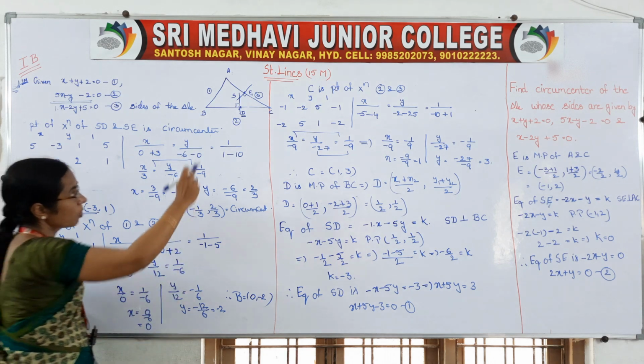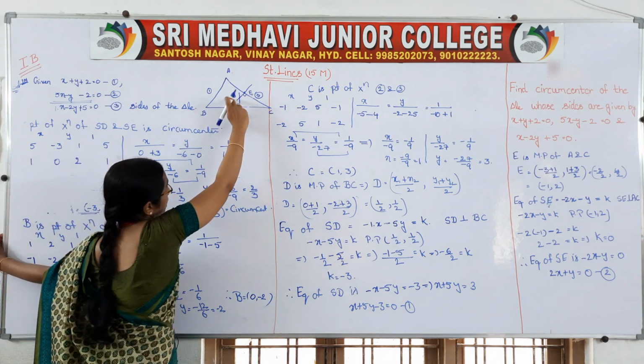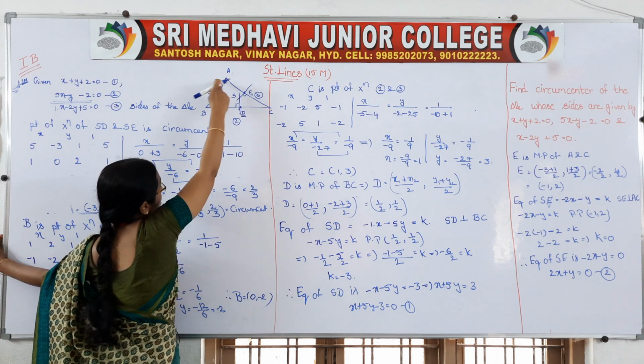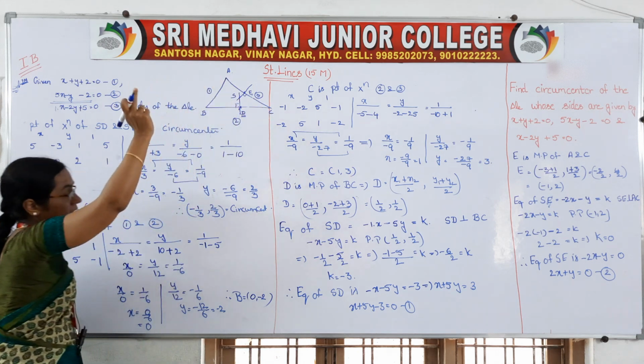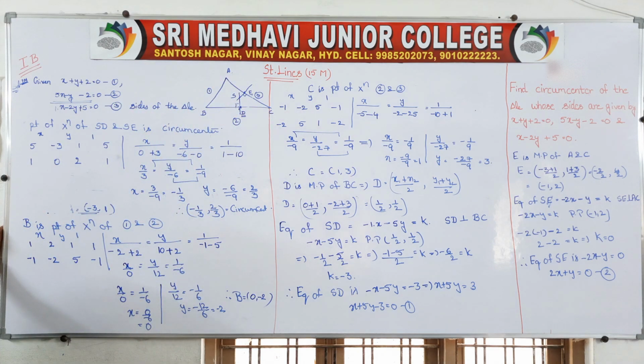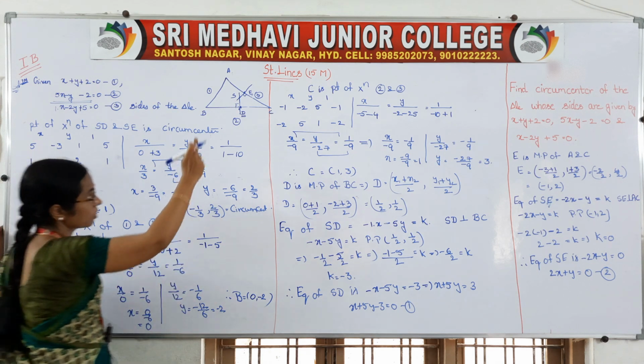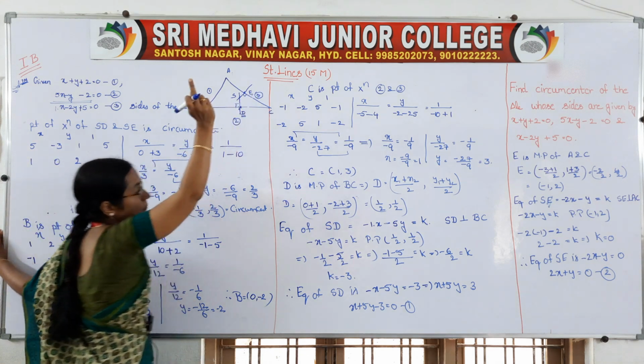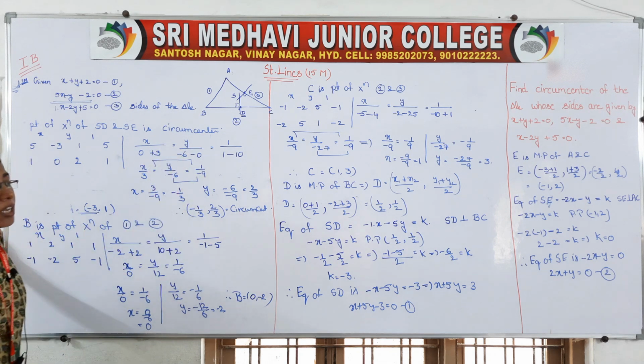Once we have the E point, you take the line equation SE, which is perpendicular to AC. Again the same rule applies. Whenever we want to write a perpendicular line, the x coefficient goes to y, the y coefficient comes to x, in the middle a minus sign, is equal to k, and this line passes through the point E. If you substitute, you will get your k value.